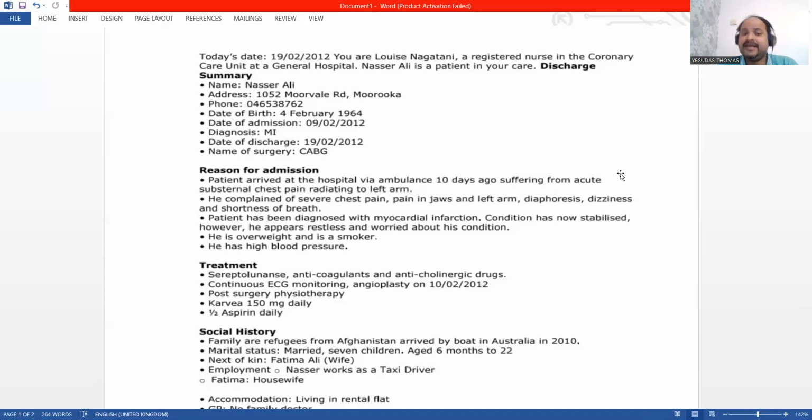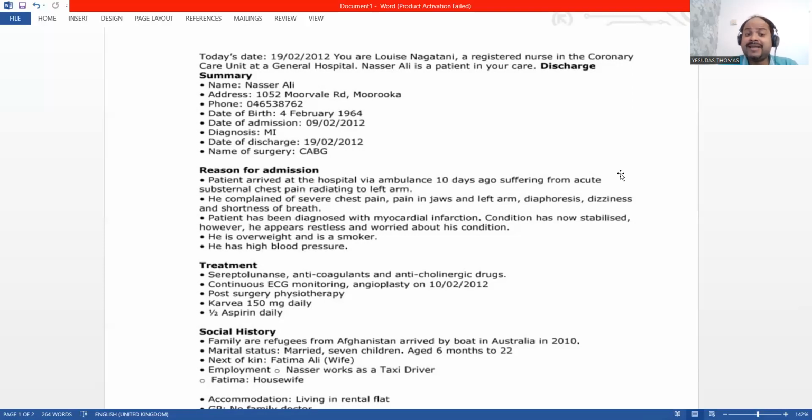We just need to say he was admitted on 9 February 2012 because of chest pain, and he was diagnosed with myocardial infarction. Therefore, he has undergone the procedure, that's CABG.